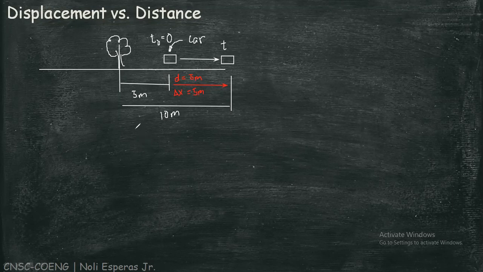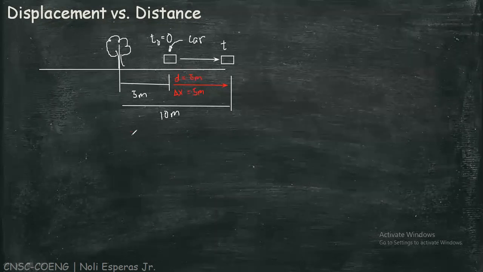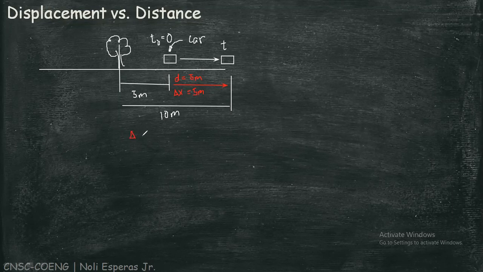Or in formula, the formula for displacement is delta x, wherein delta means change and x is position, is equal to the difference of its position, or the final position minus its initial position.